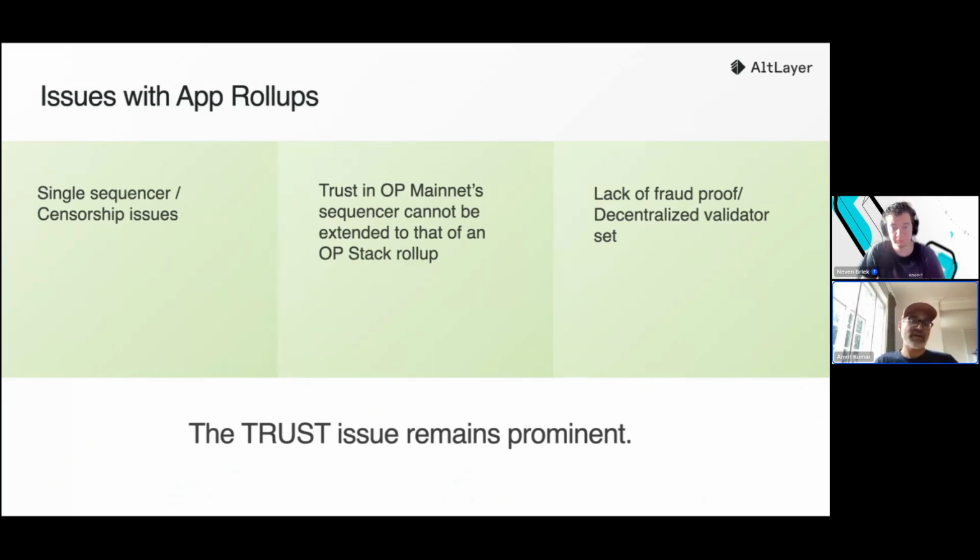You could have an anonymous developer launching a rollup that has made changes to the contracts, and those changes are so obscure that it's very hard to find them, and then eventually this rollup can rug you, right? What I'm saying is that you may trust a single sequencer as long as it is run by a foundation that you trust. But you cannot extend that trust model to a long tail of dApp rollups that would come up in the next 6 months to a year.